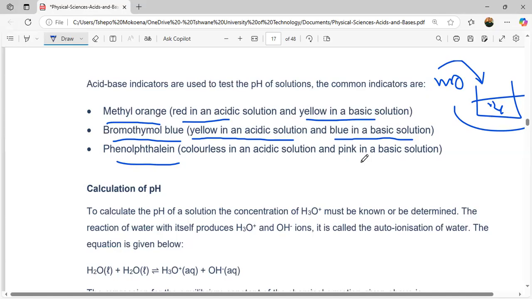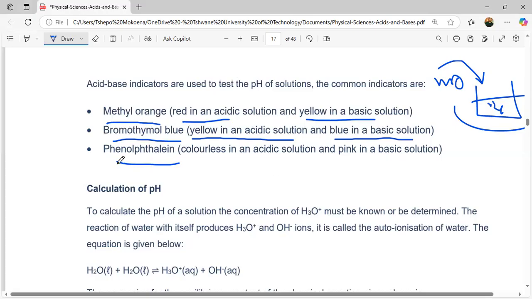But if it turns pink, then the solution is basic. I will try to do an experiment online with you, I'll see if I can get that simulation and show you.